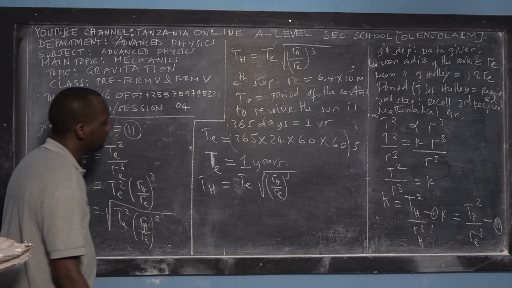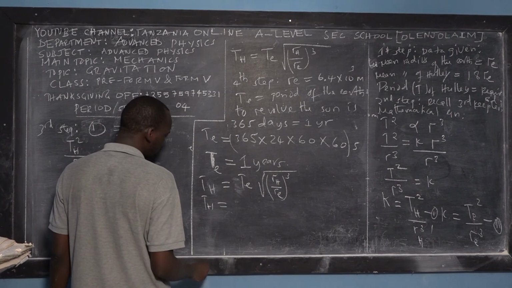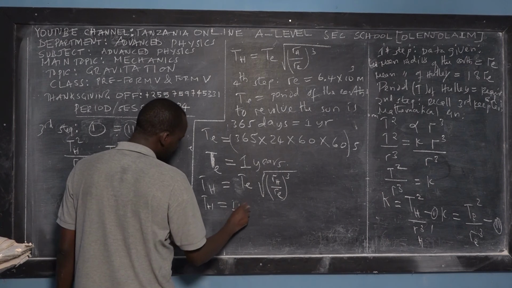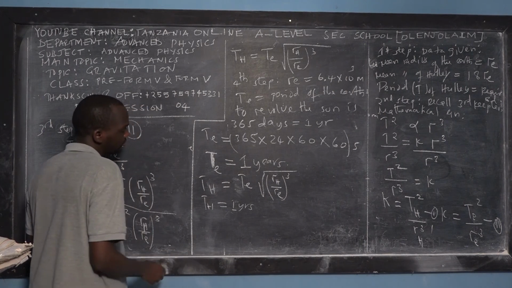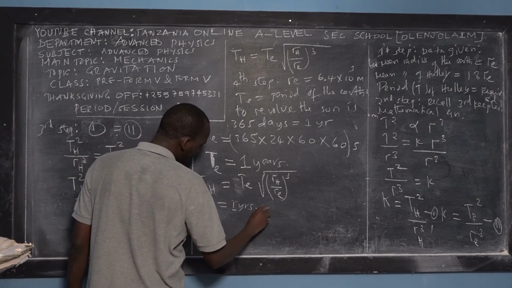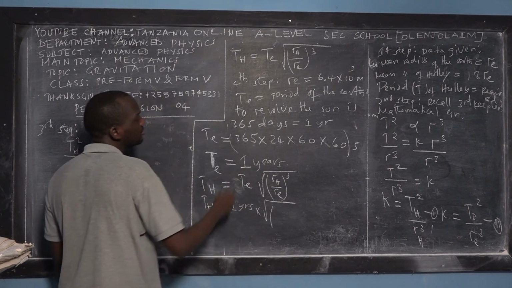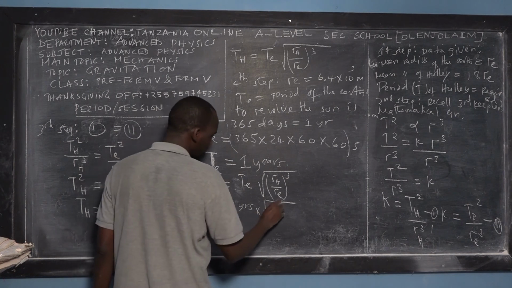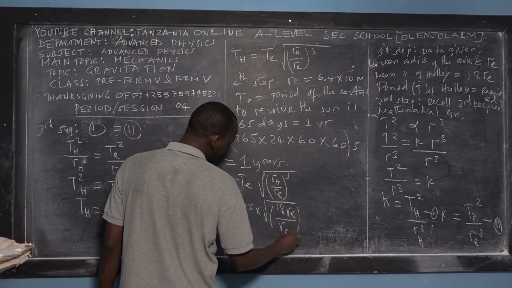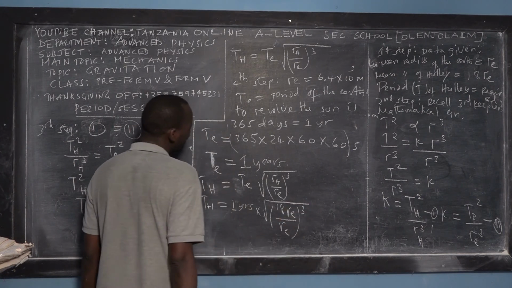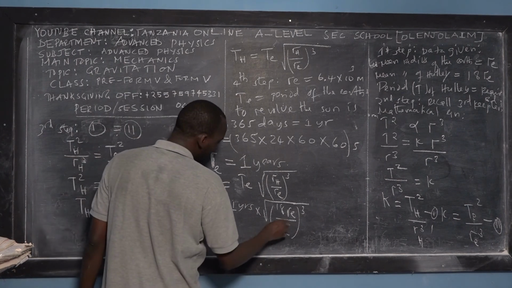Right? So if that's the case, we say that the period of the Halley is equal to the period of the S, which is 1 year, multiplied by, what's the radius of the Halley there? 18. Radius of the S over radius of the S, cubic. So radius of the S and radius of the S cancel.